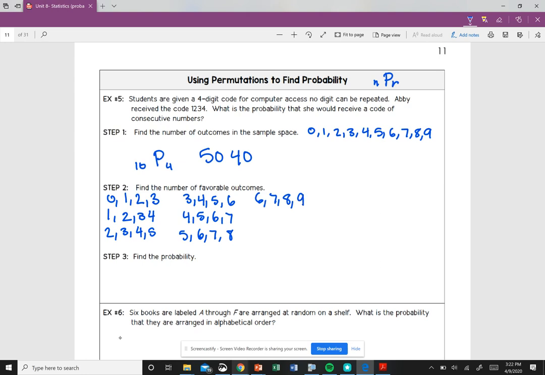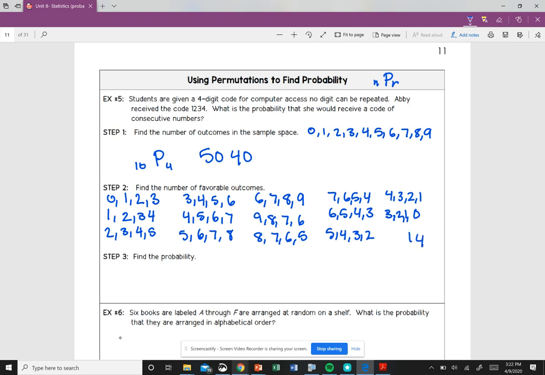Okay, and then we have to do the other way. So we would do 9, 8, 7, 6, 8, 7, 6, 5, 7, 6, 5, 4, 6, 5, 4, 3, 5, 4, 3, 2, and 4, 3, 2, 1, and 3, 2, 1, 0. There's a total of 14 outcomes of counting in order.